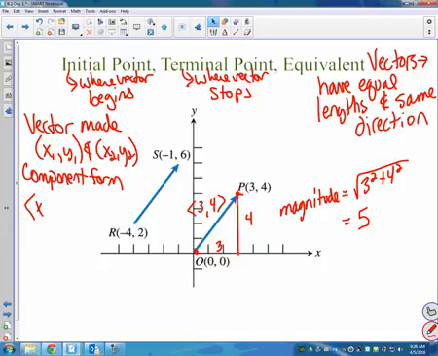So you're just going to take x2 minus x1 to get the first component, and y2 minus y1.